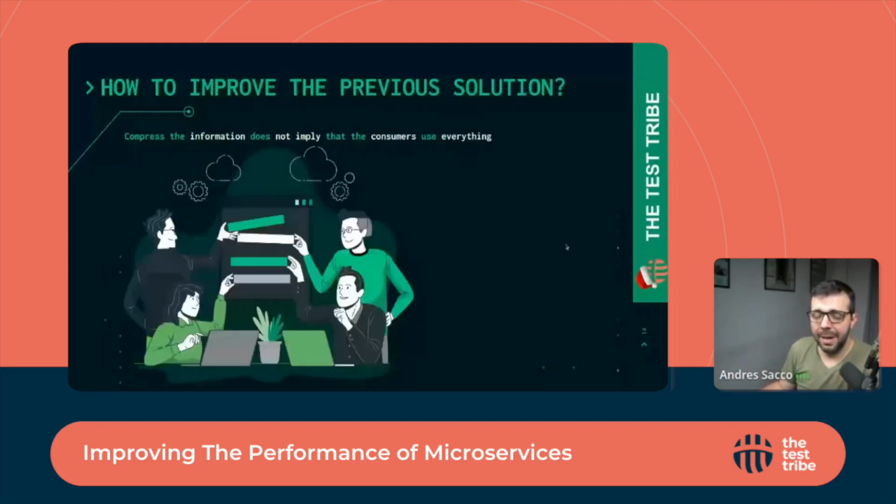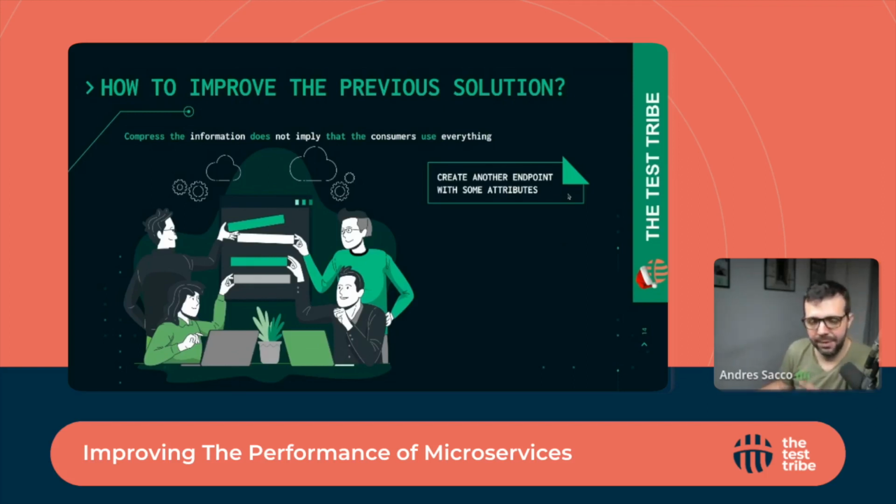Okay, I mentioned that I compress my information, but what happens in the case where I only need to use 2 attributes from a big response and I discard the others? Compression could be an option, but I can use another one. You have different alternatives. First one, you can create another endpoint that only returns some specific information.